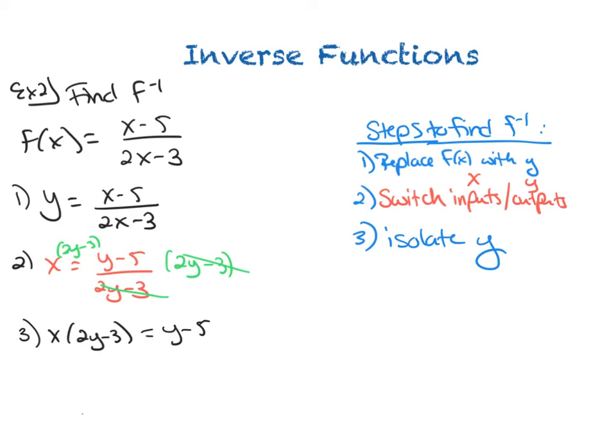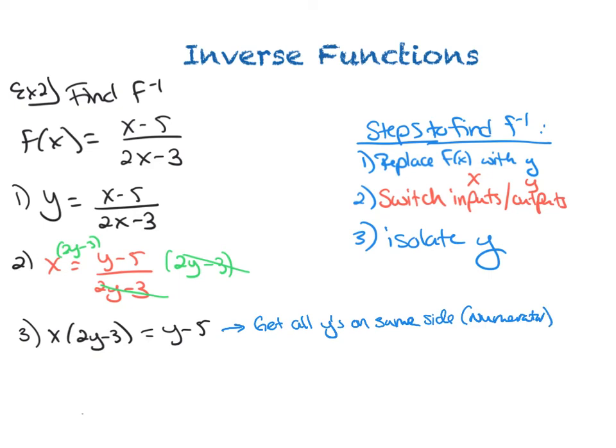Now here's what's really important about the difference between this example and the last one. In the last one, dividing by the variable in front was fine for isolating that y, but here we have y's on both sides. So our intermediate goal here is going to be to get all of our terms with y's on the same side.